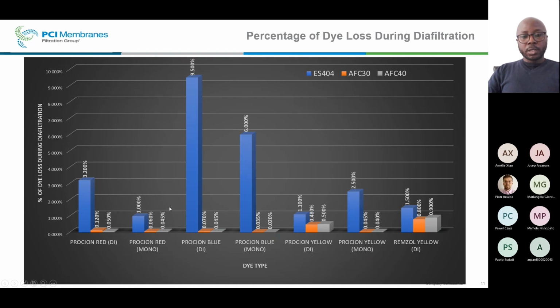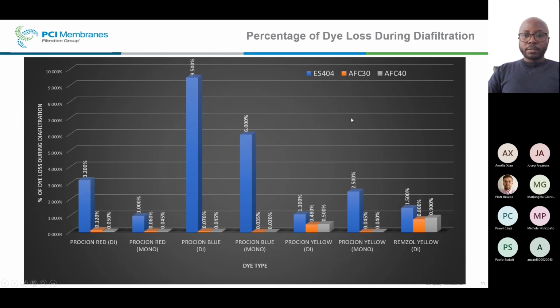At the same time, we are also able to remove the salt or other impurities from the solutions to help improve the quality of the final product. So this gives you an overview of the different types of dye that have been tested, moving from Procyon red to Procyon yellow, Remson yellow, as well as an indication of the percentage of dye that's been lost.